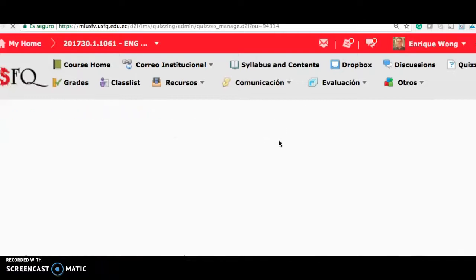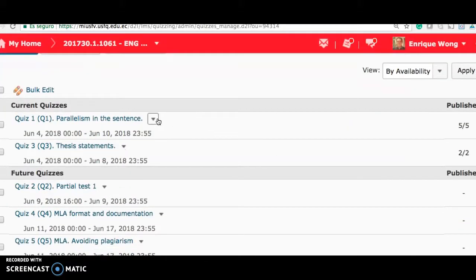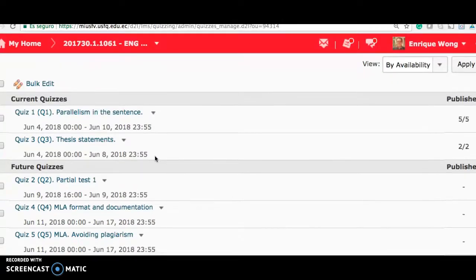You have one exercise. The first one is parallelism in the sentence, that will help you somehow to write a good thesis. And the first quiz will close on the 10th, which is Sunday. But the third quiz, thesis statement, will be closing on the 8th, which is Friday before the test.